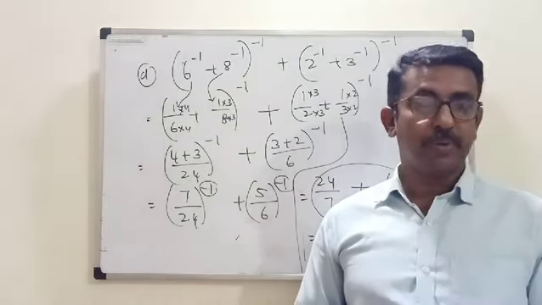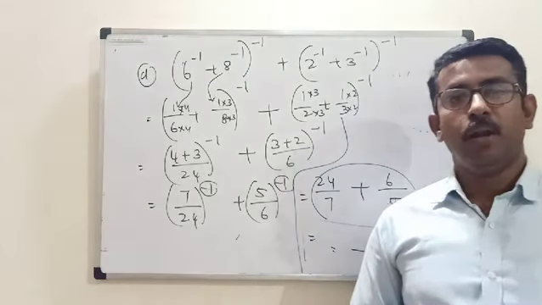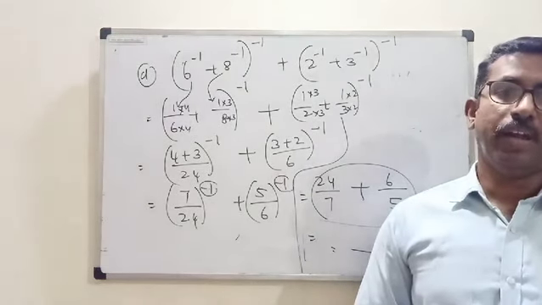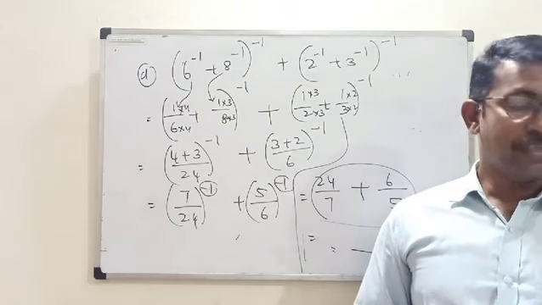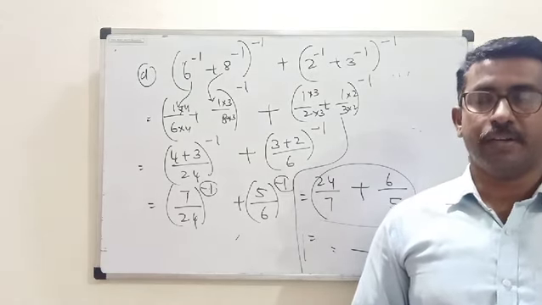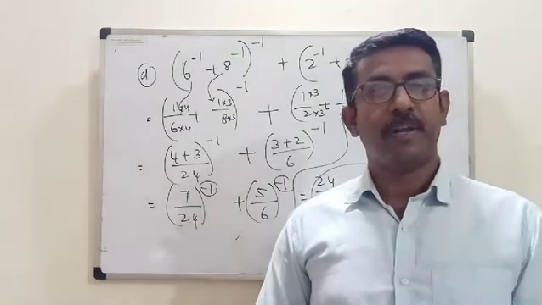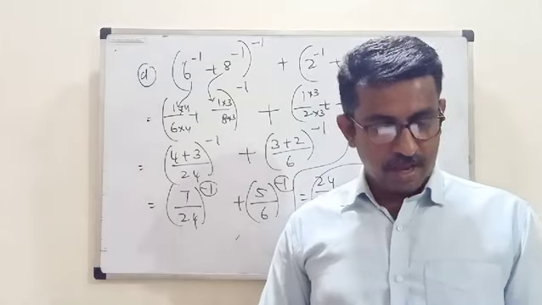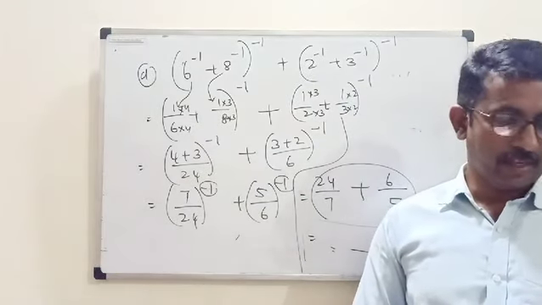So by this we are going to wind up today's class, and tomorrow we will discuss laws of exponents which you learned when you were in class 6 and 7. So just go through the class 6 and 7 textbooks and try to recall whatever you learned in the lower classes, and then we will discuss laws of exponents in the next class.